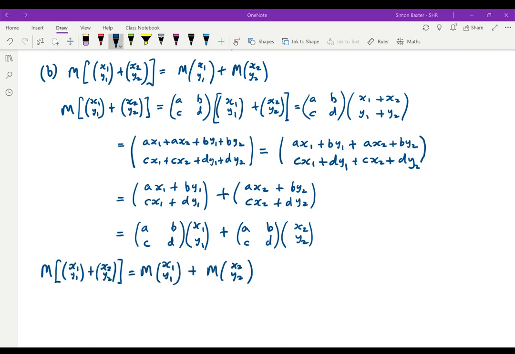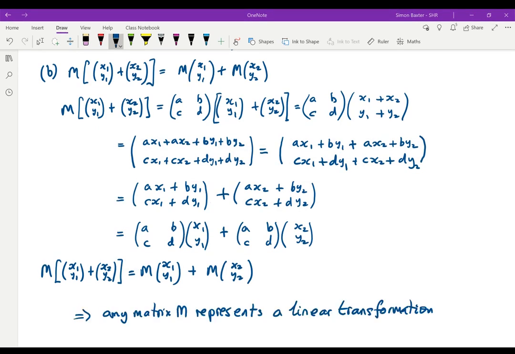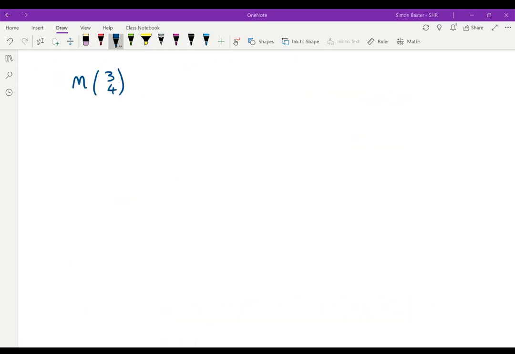And so the second condition for a linear transformation is satisfied. And so we have proved that any matrix represents a linear transformation.